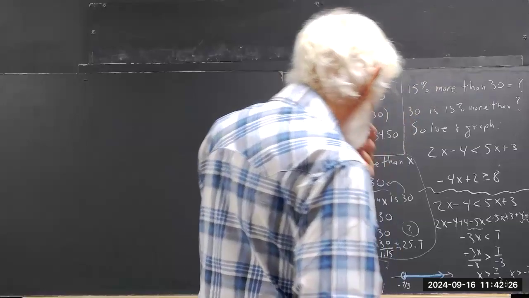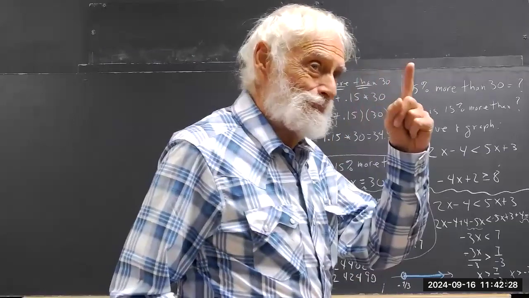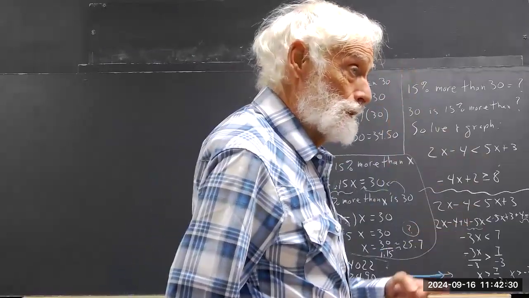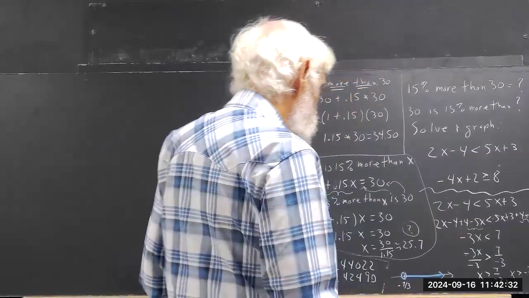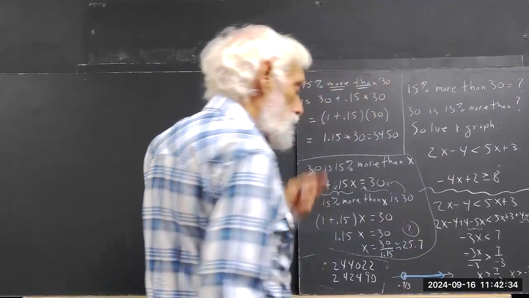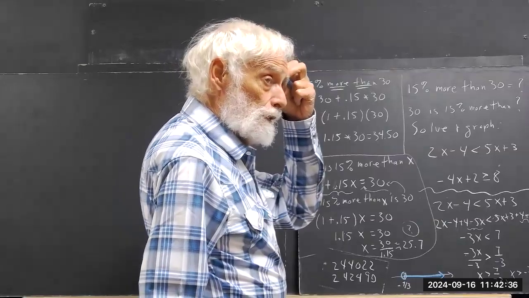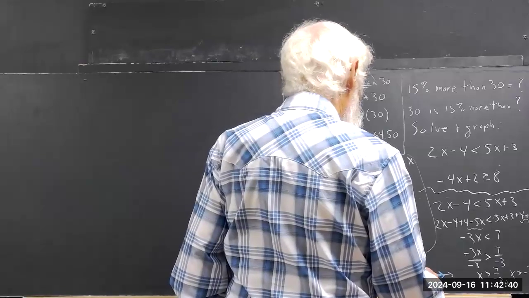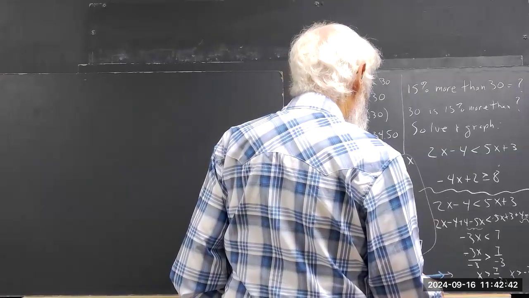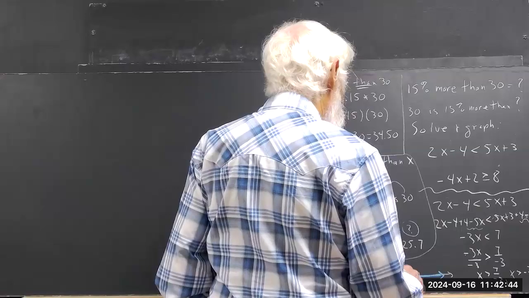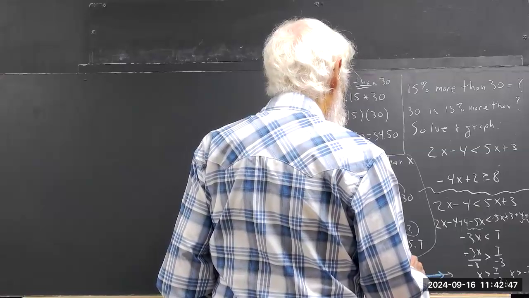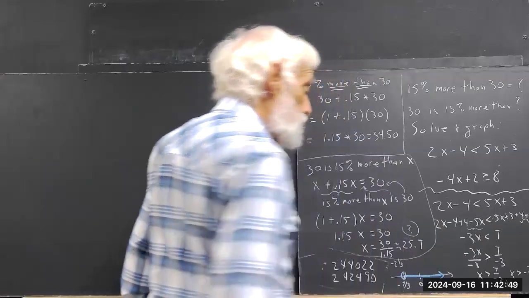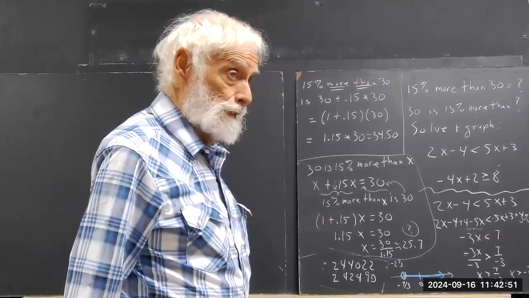I'll just use 1. I could use 0, but I'll just use 1. And clearly, if -7/3 is here, well, we don't know where 0 is until we put 0 in there. Now, this is -2 1/3, right?